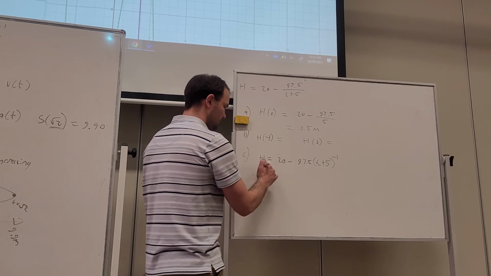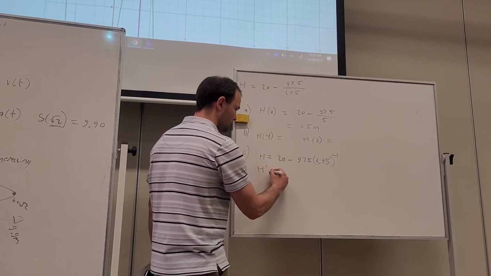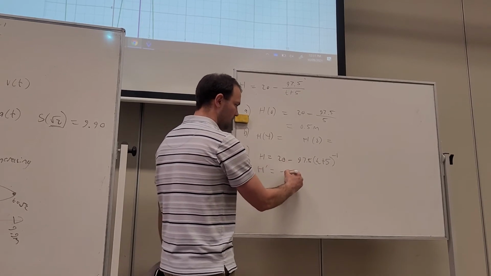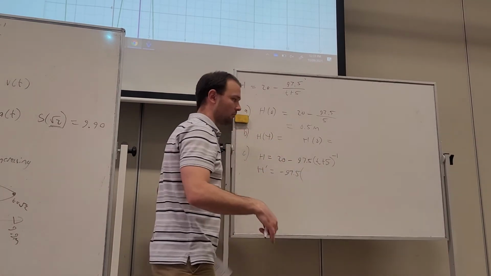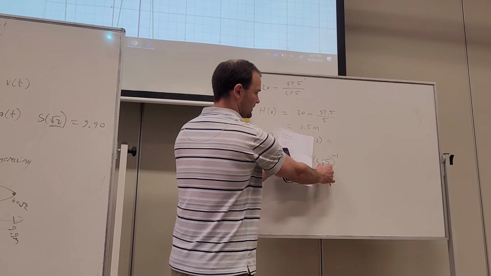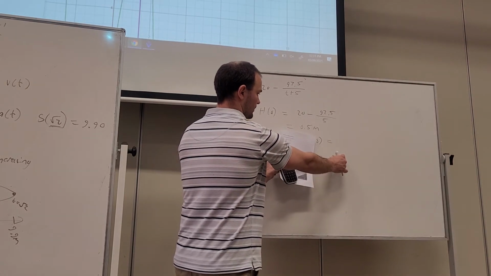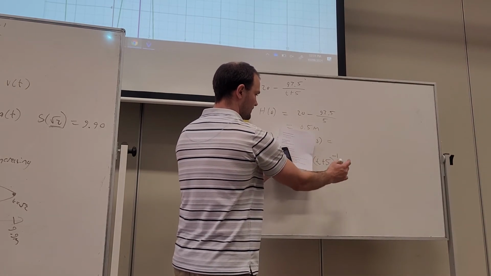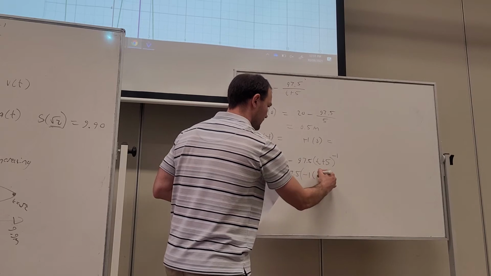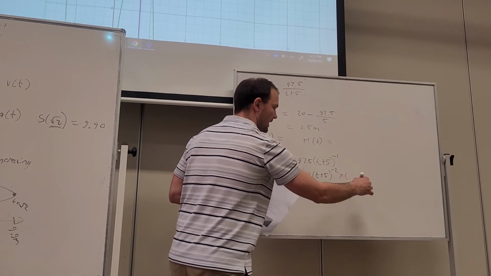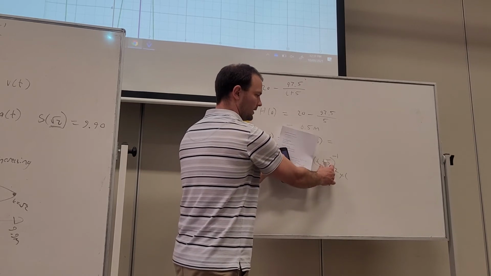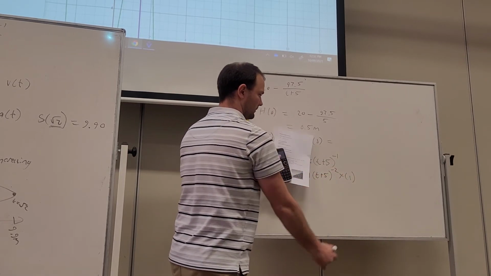This 20 is just going to disappear, so I'm just going to call it h dash. The 20 disappears, the minus 97.5 is just going to hang out, and then we're chaining them. It is f of x to the power of n, so it's going to become n f of x to the n take 1 times f dash of x. The derivative of the inside here is 1.